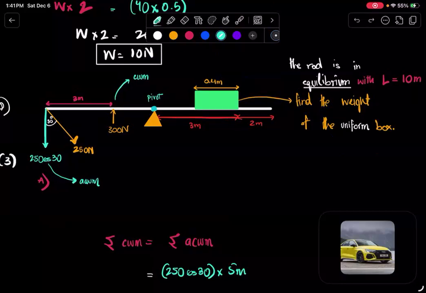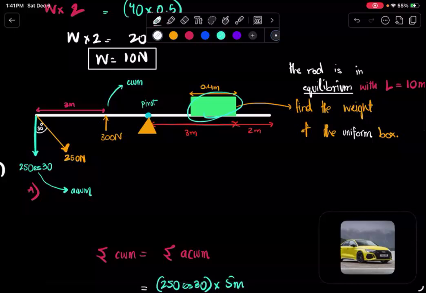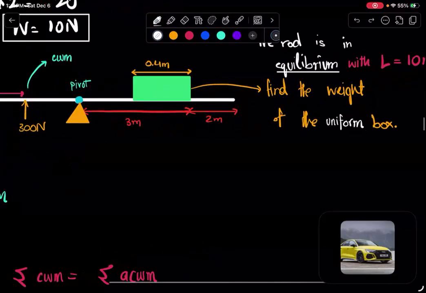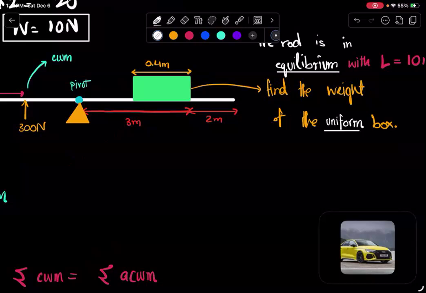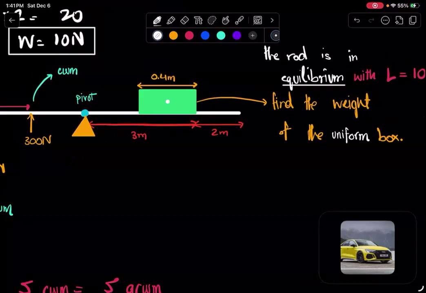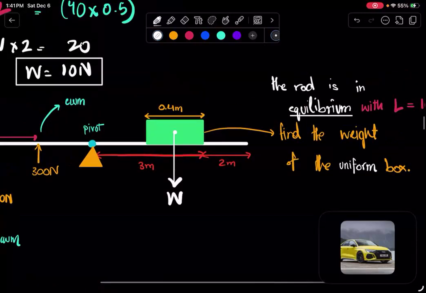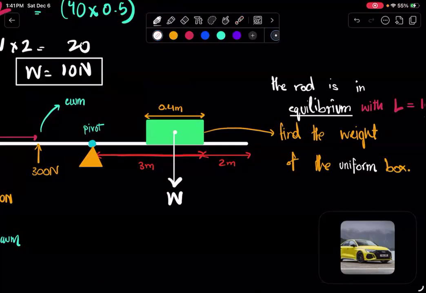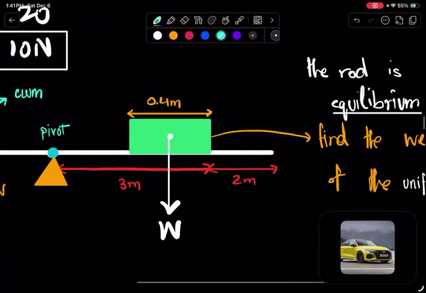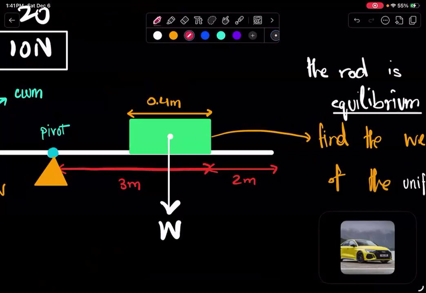Now what about the box? Read very carefully. It says uniform box. That means all of the weight acts at its center, W. Now, if all of the weight acts at its center, and the entire length of the box is 0.4, that means this side should be 0.2 and this side should also be 0.2, if it's uniform.